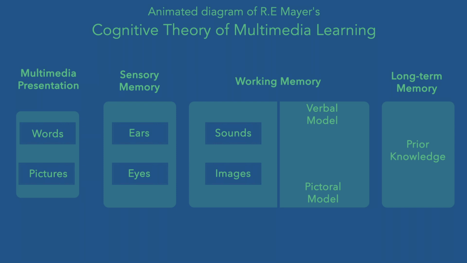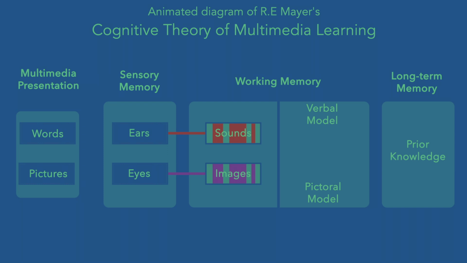As you're taking in new information from a presentation, this information is coming at you in the form of words and pictures. Your senses pick up this information. Notice words go to both your eyes and ears. This is because words can either be text on screen or spoken word, like a voiceover. This information is then, for want of a better term, transferred to your working memory for further processing.